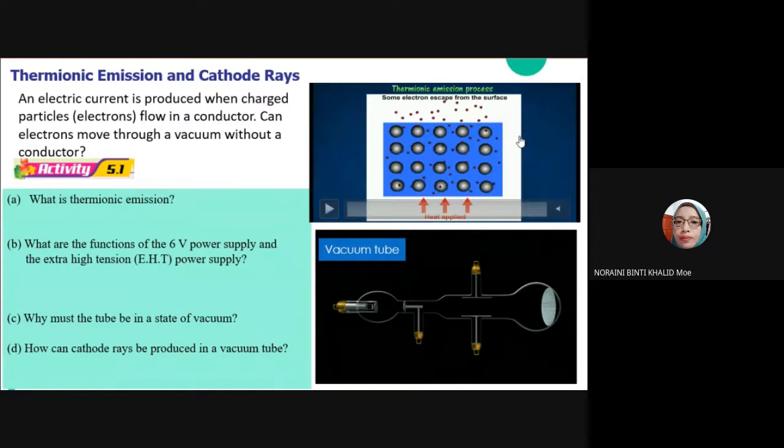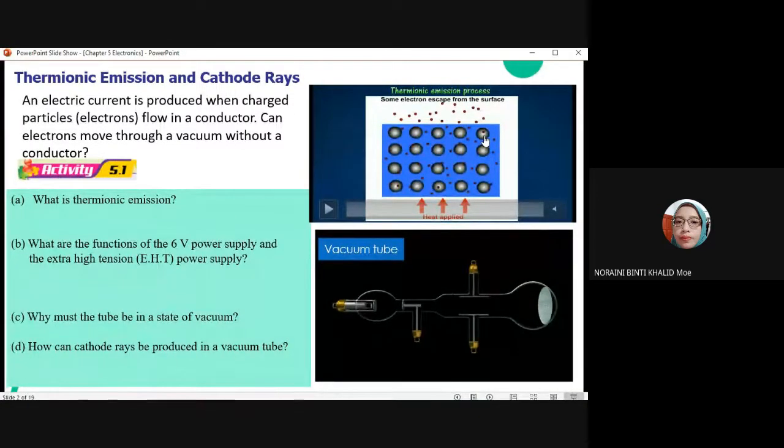The second one is surface area of the metal that is heated up. So the amount of electrons that receive enough energy to escape from the surface of metal also increases when larger surface area of metal is heated up. The third one is type of material, also related to specific heat capacity of material.